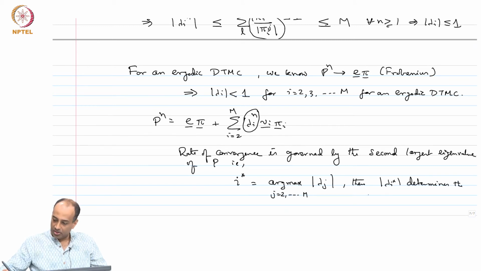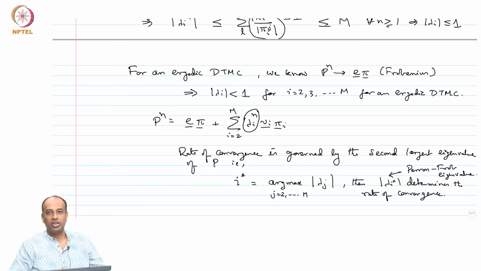And this eigenvalue which has the second largest magnitude is sometimes known as the Perron Frobenius eigenvalue.